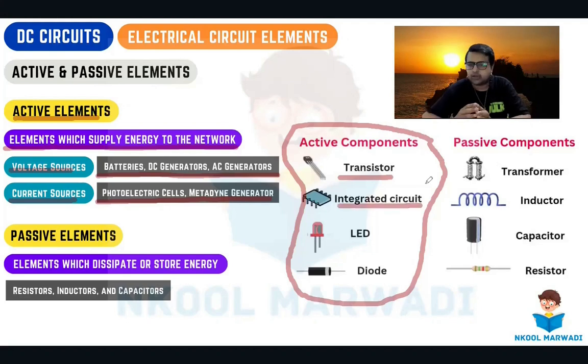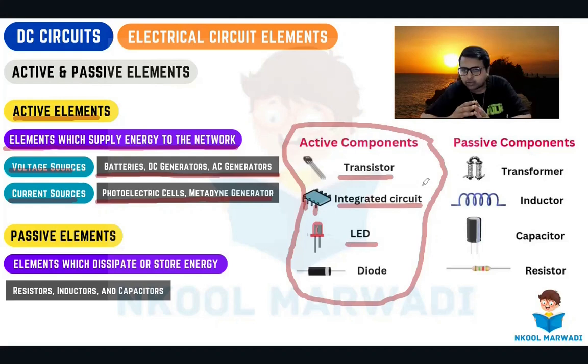Integrated circuits also act like switches, because an IC will just activate some pins, and current will flow only there. So they are just controlling the flow of current, not dissipating or wasting the energy, and hence they are active components.